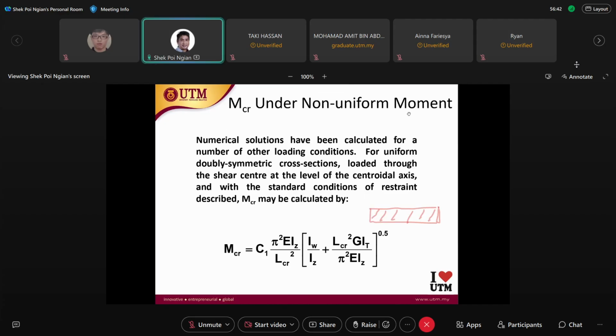Under non-uniform moment, non-uniform moment means the moment from one end to another end is different. So it's not a straight line, the value along the beam will be different. For non-uniform moment, the difference is we have to include the C1 factor. The rest is the same except we have to multiply with a C1 factor.